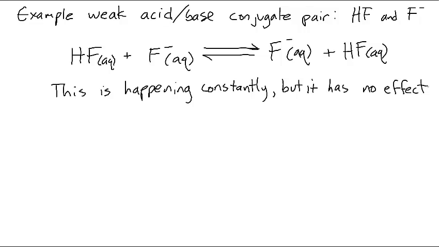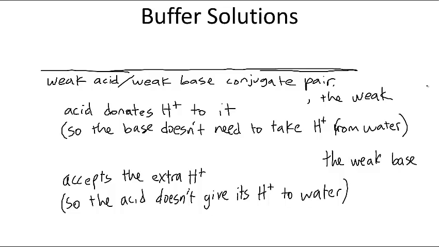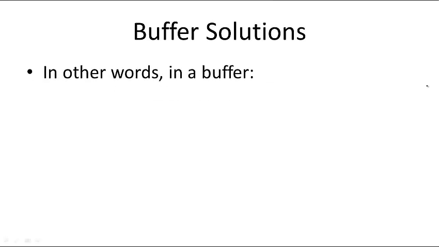So when you have a buffer solution, you have the weak acid and its conjugate base in the solution all the time. All right, so just to put it another way, in a buffer, we said it's a weak acid, weak base conjugate pair.